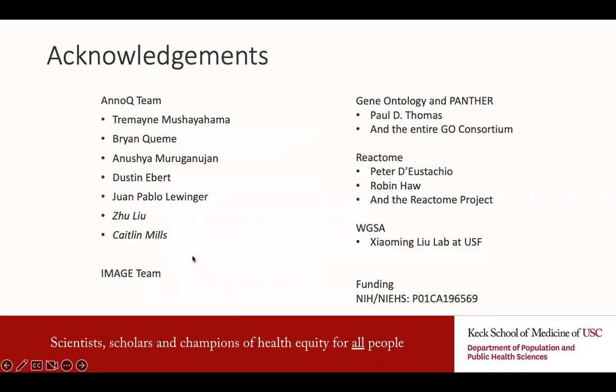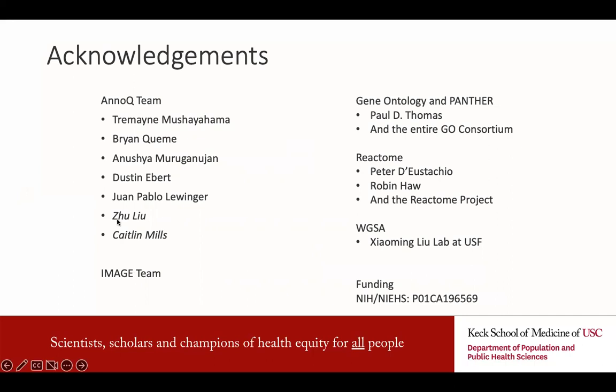So here are the people I want to thank. This is the AnnoQ team. Tremaine is the one who is right now the main person maintaining this system, this website, with a lot of help from Brian, who is a Biostat student. We got a lot of engineering and software help from Anisha and Dustin, who's here.